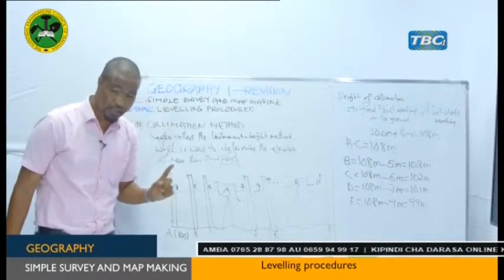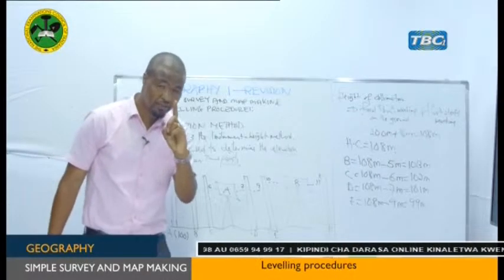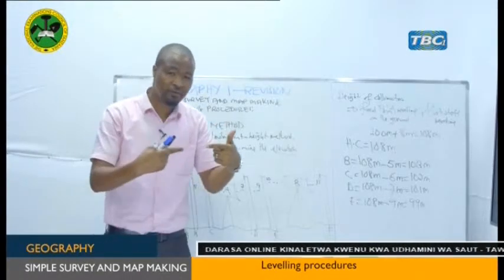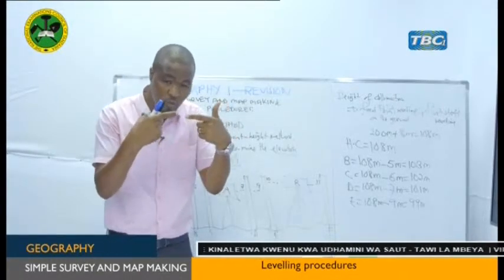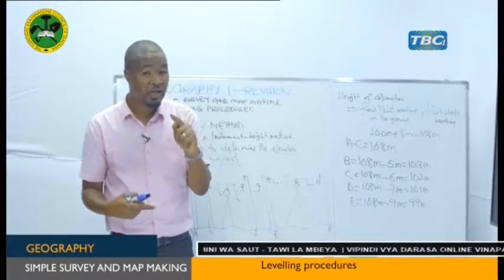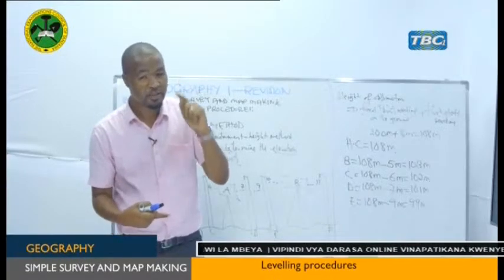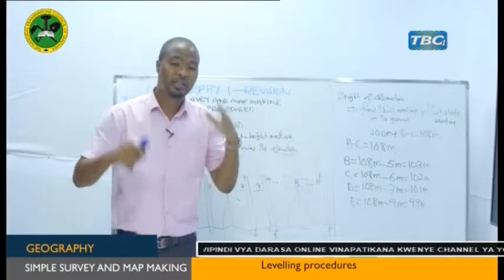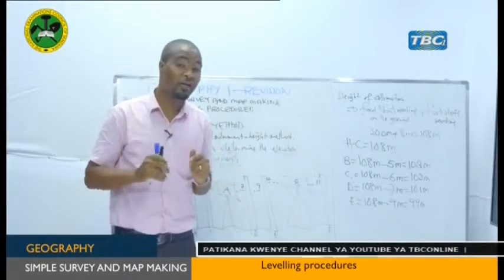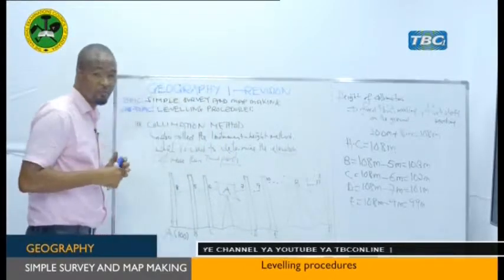If there are 2 spirit levels which read a single leveling staff, that point is known as the changing point. At the changing point, you have to find the new height of collimation.